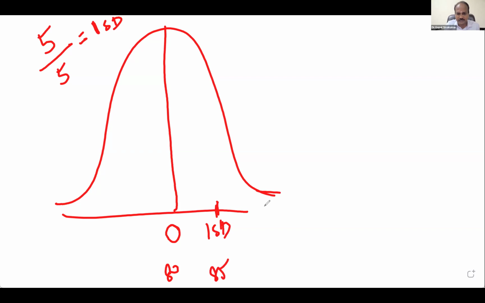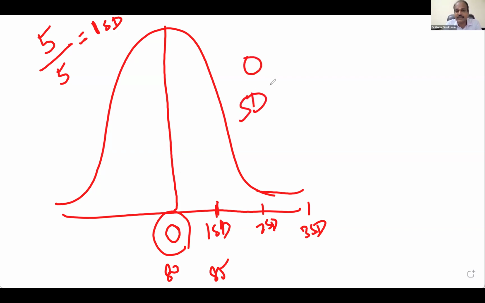And similarly, this point will be 2 standard deviations, and this point will be 3 standard deviations. I want you to understand: in this distribution, the center point is 0. Somehow you transform the center of the distribution into 0 and the standard deviation equal to 1.